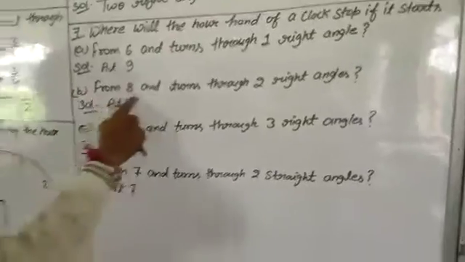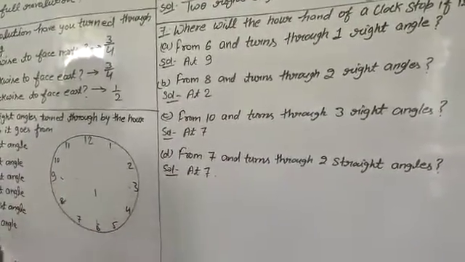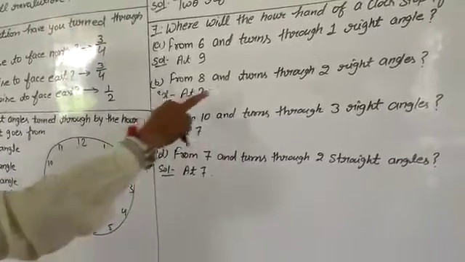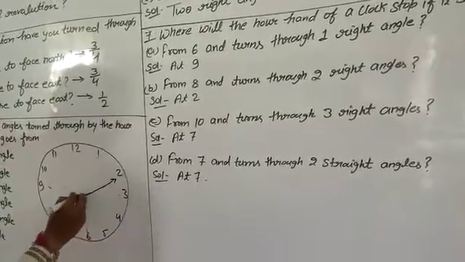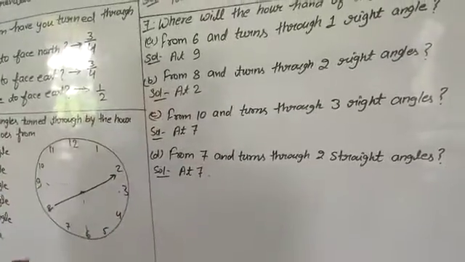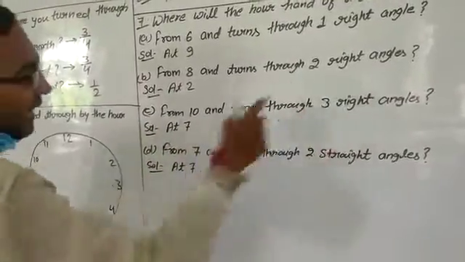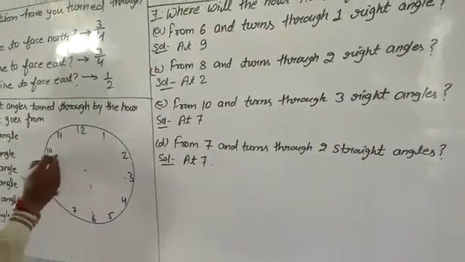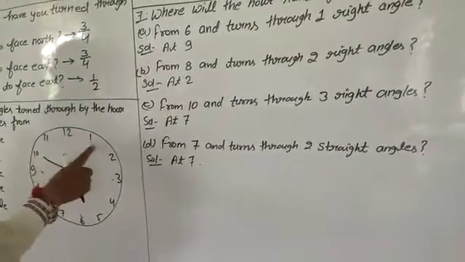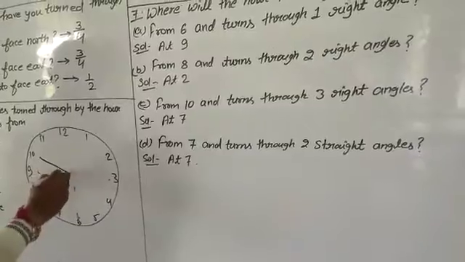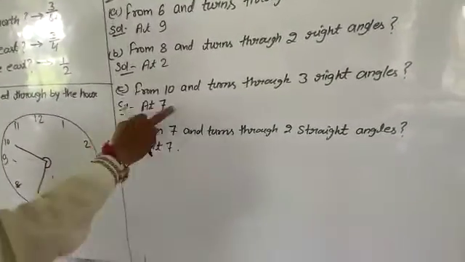The B part, from 8 and turn through two right angles, means 180 degrees, so it goes to 2. Now C part, from 10 and turn through three right angles, 1 2 3, 270 degrees, so at 7.